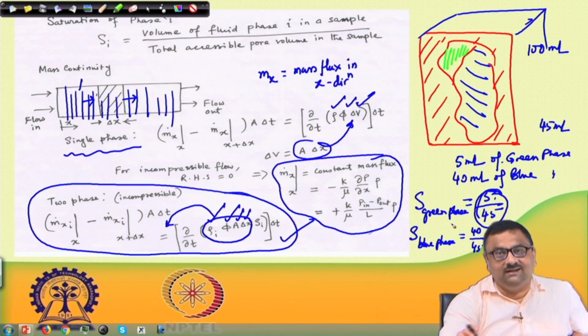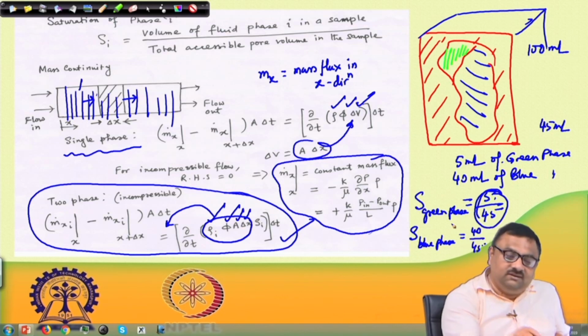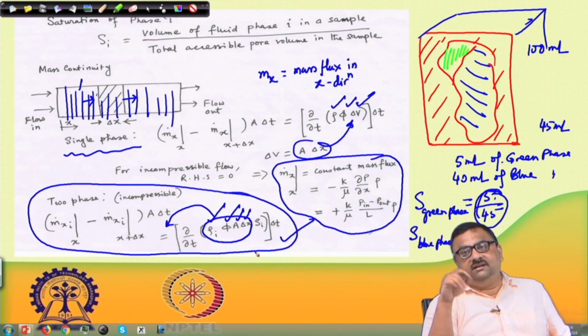If one can do that, then that would be considered a steady state process for this two phase system, and in that case I would agree that saturation will not change with time.